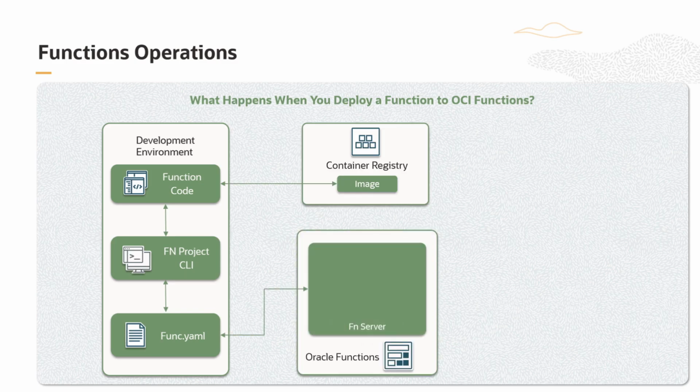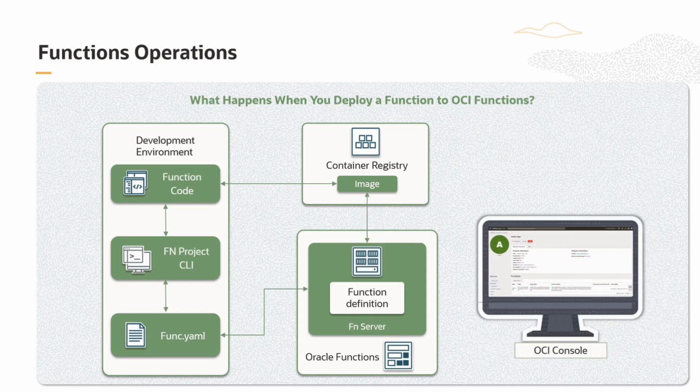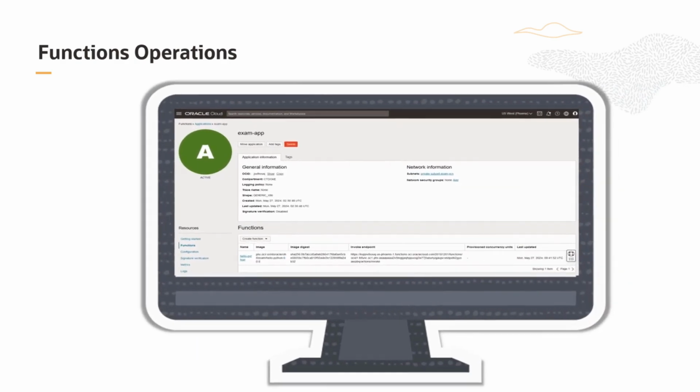After pushing the image, the function's metadata is uploaded to the FN server. This metadata includes the execution constraints defined in the function.yaml file, such as memory and time limits, and a link to the image stored in the OCIR repository. Finally, the function is added to the list of functions shown in the OCI functions console.